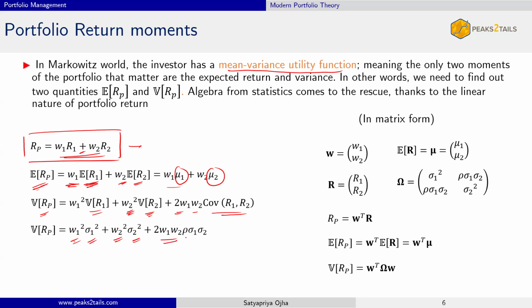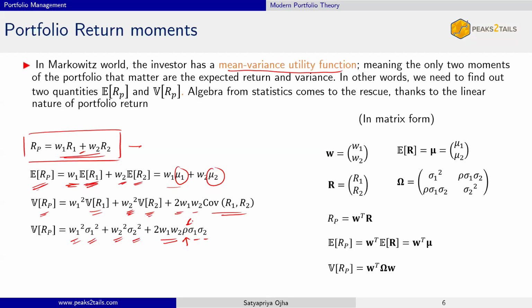Covariance can also be written as correlation times the individual standard deviations, rho times sigma 1 sigma 2. So rho automatically came in. We were not explicitly looking for correlation, but it came in because of the standard formula that exists, right? And this correlation is the quantification of diversification that we'll see later.